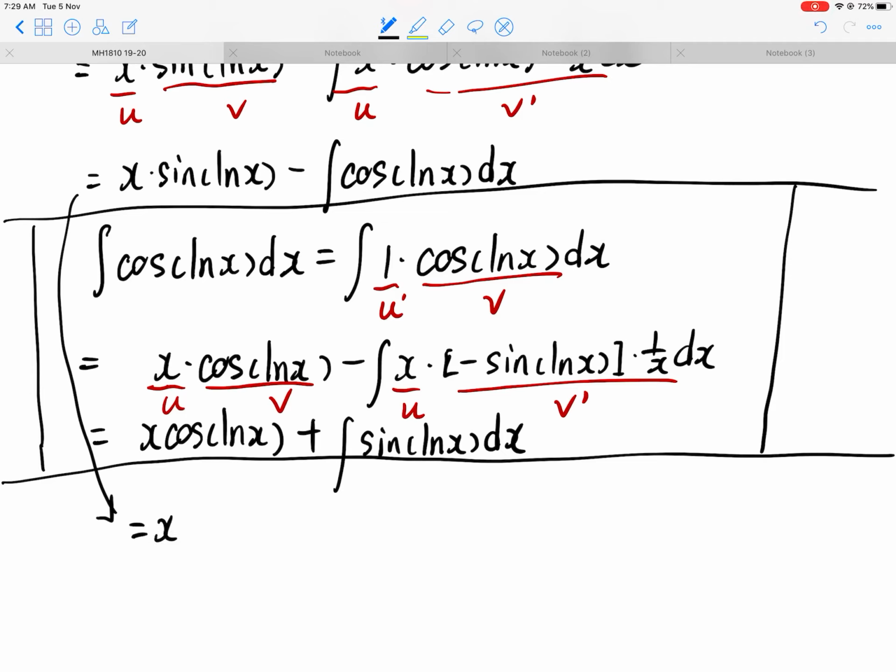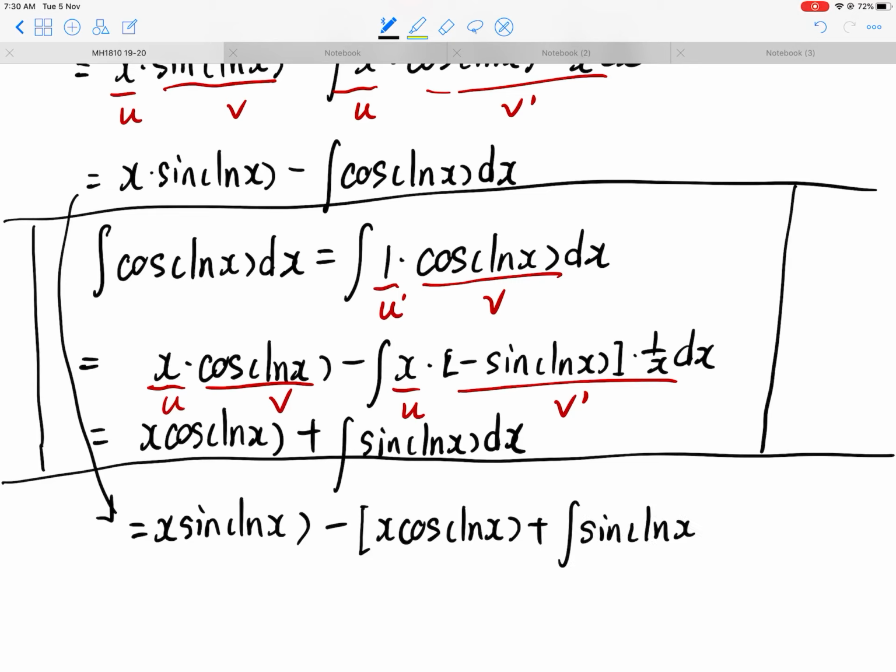Now it's x sine ln x minus, now we know this part is this, so minus, bracket, x cosine ln x plus integration of sine ln x dx.